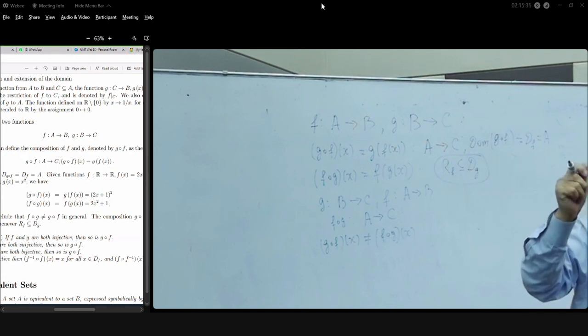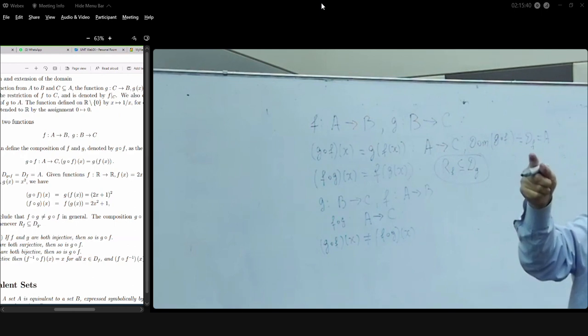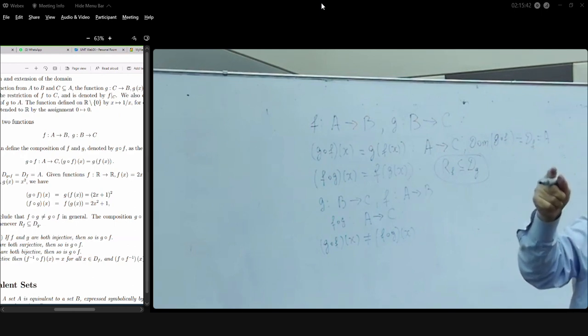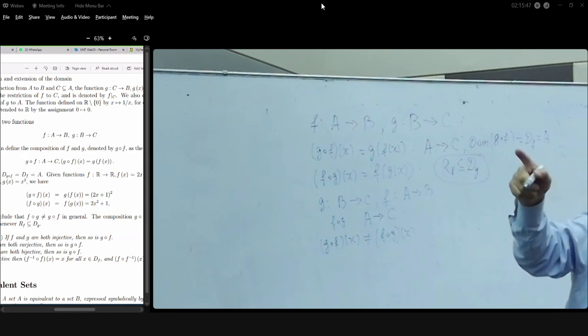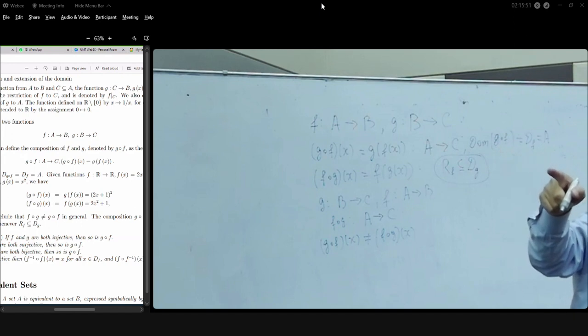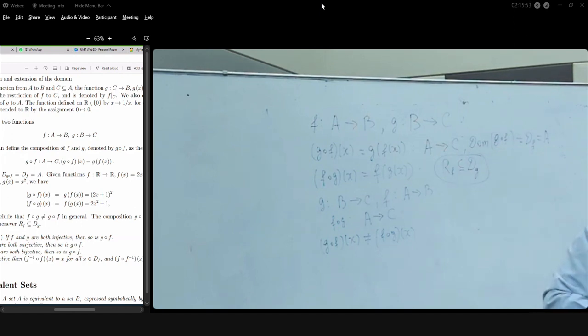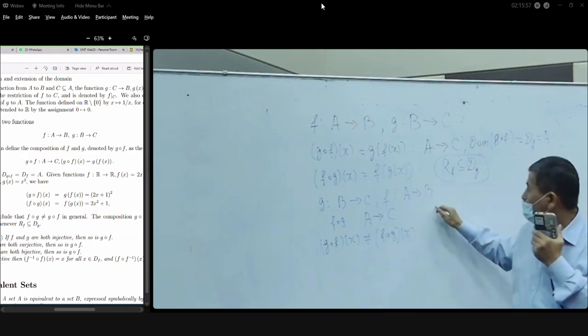And the last one, if f is injective, then f inverse composed with f is equal to x for all x belonging to the domain of f, and f composed with f inverse is also x, for x belonging to the range of f. You see, important one.